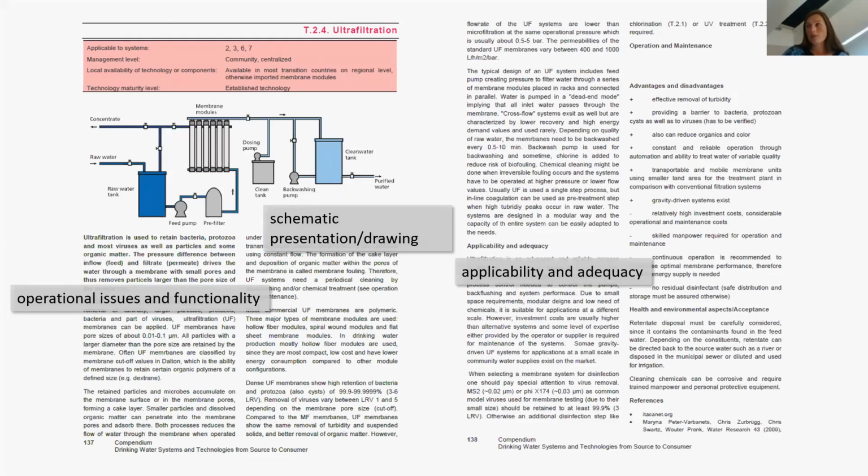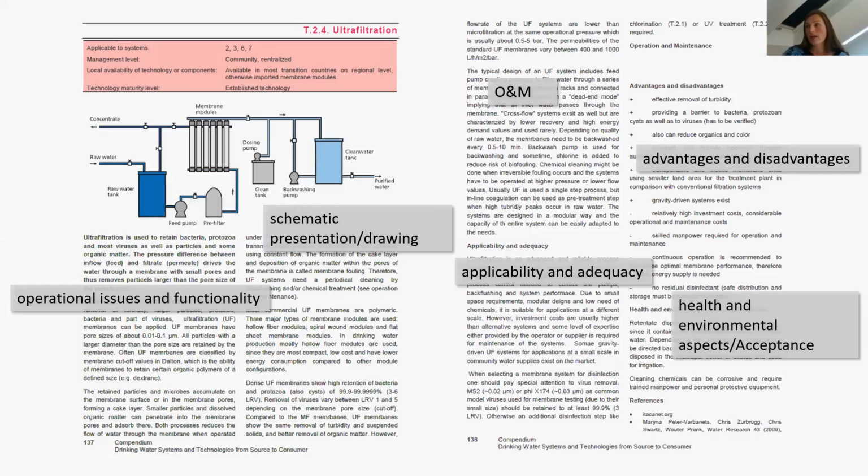We think about applicability and adequacy, for example, what kind of emergency context the system can be used in, if you talk about the emergency compendium. There are operation and maintenance requirements, as well as materials required for constructing the technology, and advantages and disadvantages of each sheet. Finally, we talk about health and environmental aspects, as well as social considerations. And at the end of each sheet, there is additional reading information provided if you would like to get more information.